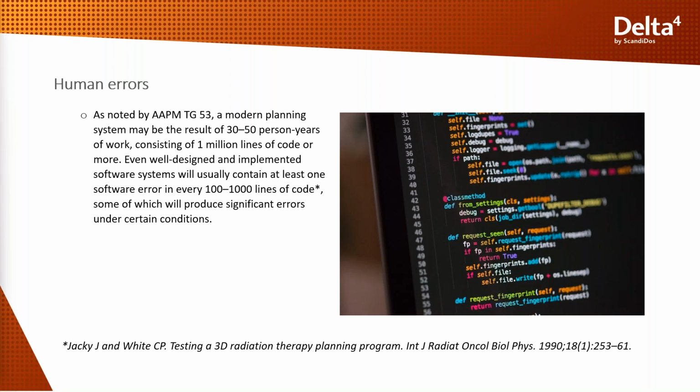Now, this article is quite old. It's even from the 1990s, so imagine there has been a lot of development on the TPS systems since then. But by pure logic, the systems have become more advanced, with more code. It will always have a certain risk of errors in the code.